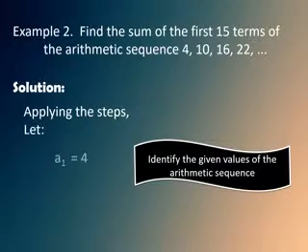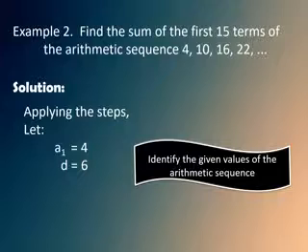So we let a sub 1, the first term, is equal to 4. The common difference is 6. We get 6 by subtracting the first term from the second term. N is equal to 15.